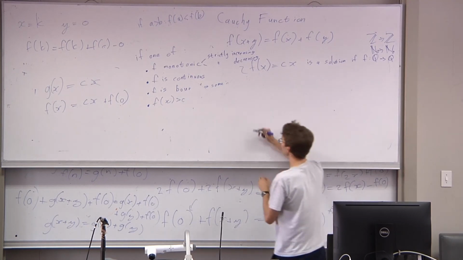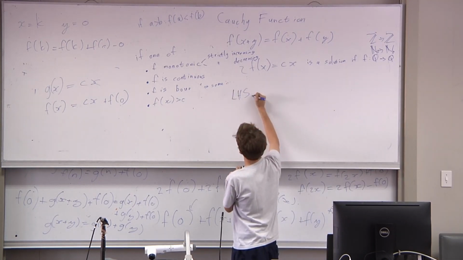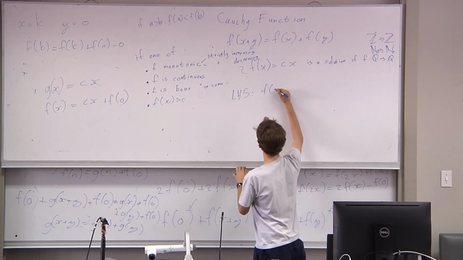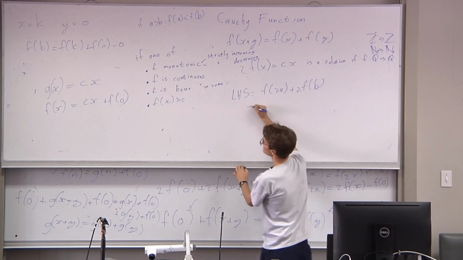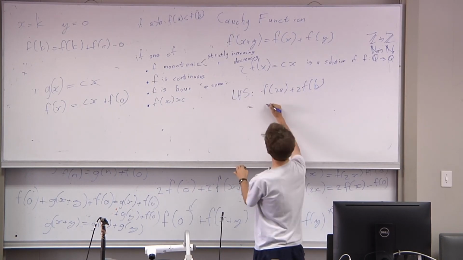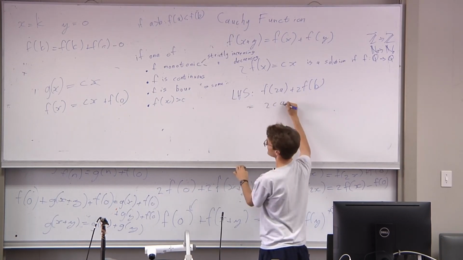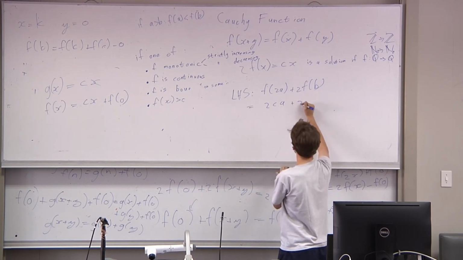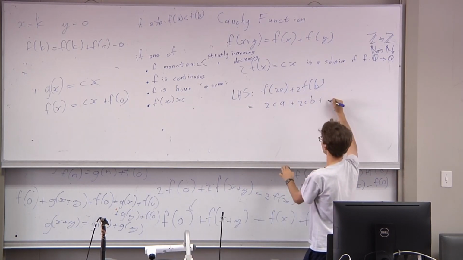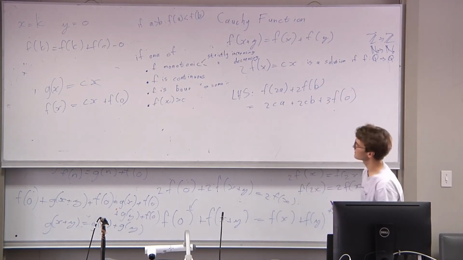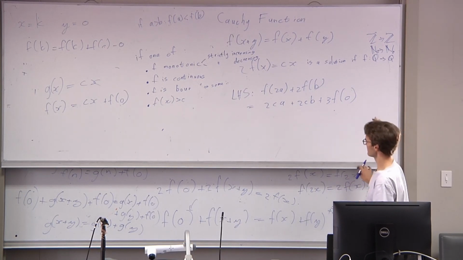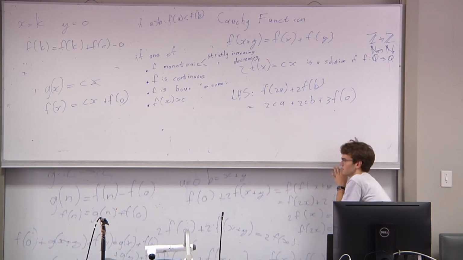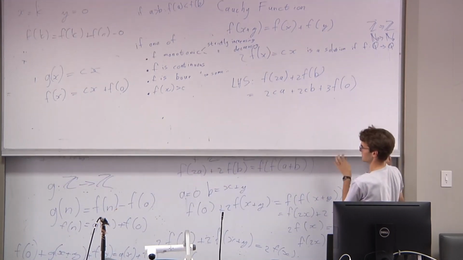So if you check, the left-hand side is f of 2a plus 2b, which is 2ca plus 2cb plus 3 times f of 0. I think that's right. You just put it into the equation that I've given there.